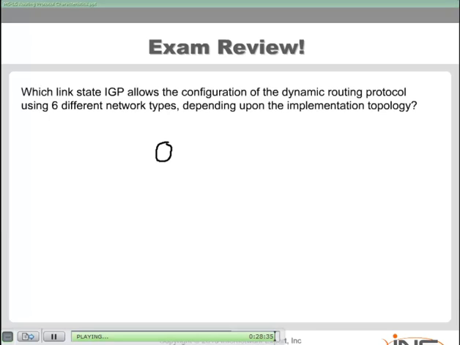Yeah, it's OSPF. OSPF is very sophisticated when it comes to its operation over different types of topologies. It has 6 different network types it can utilize to work the most efficiently over a wide variety of topologies.